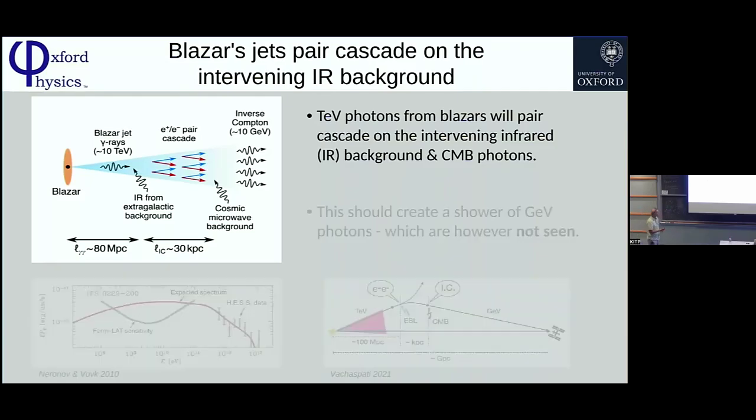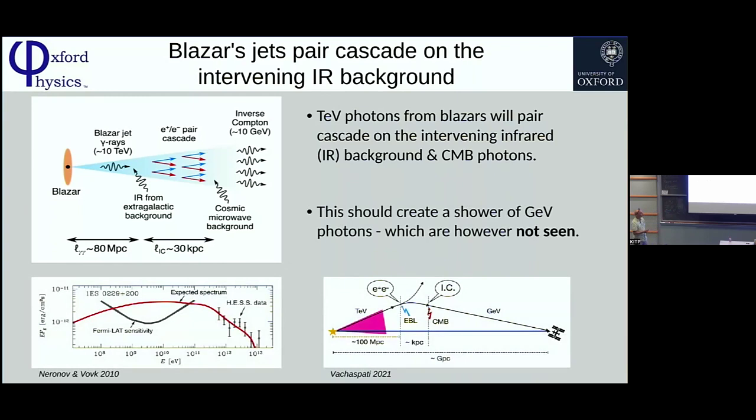But the problem is that when we look at the spectra measured from TeV blazars, we see the TeV emission, here, for example, data from S, but we don't see any GeV photons, at least not within the sensitivity of the instrumentation.